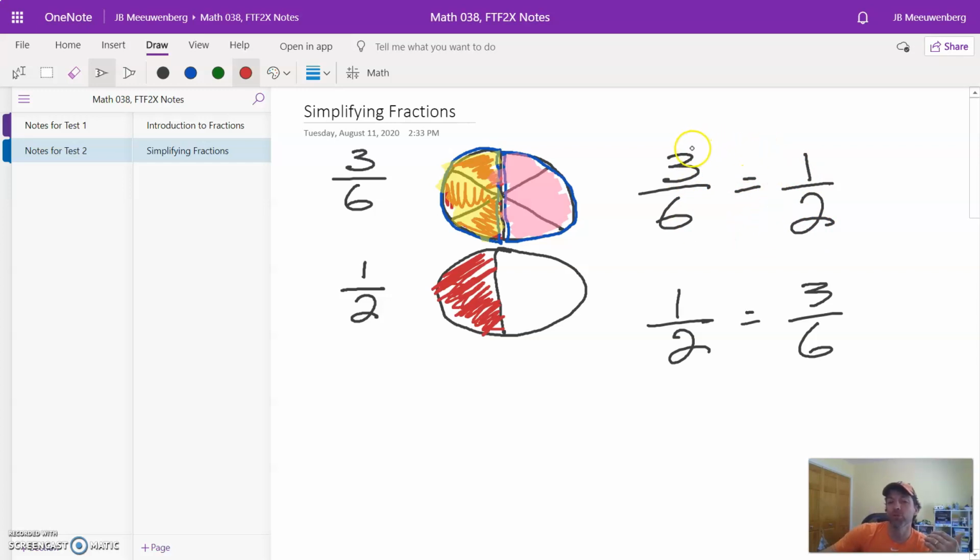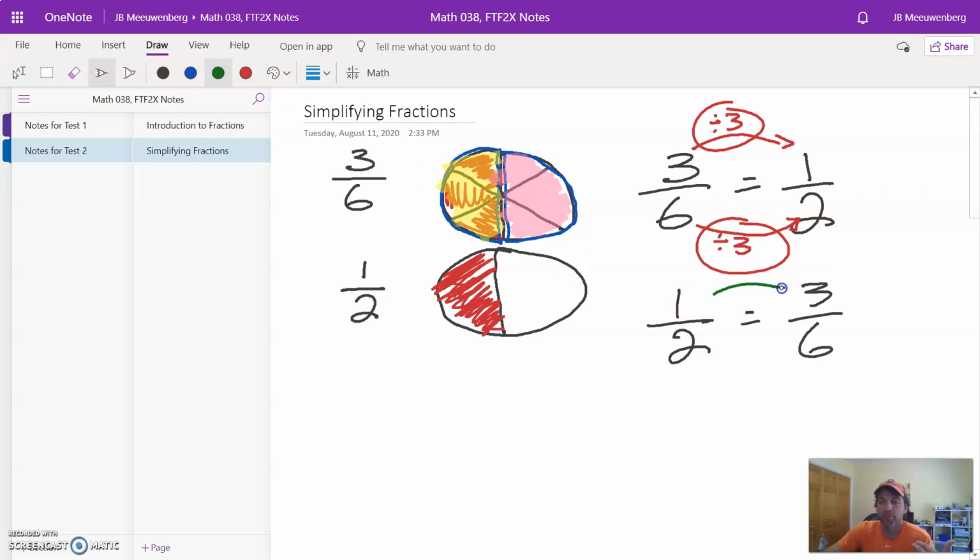You should be able to take the same operation, multiplication or division, to the other side and get that answer. So from 3 to 1, we would divide by 3. From 6 to 2, we would divide by 3. So if fractions are equal, this will be the same multiplication or division operation.